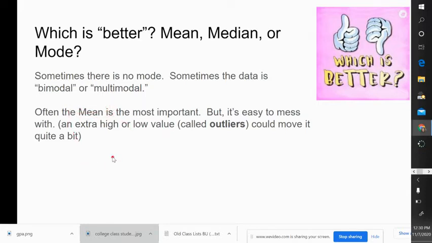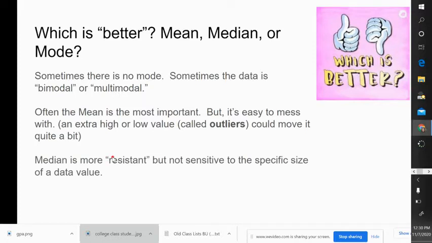So sometimes that's not your best bet. Median tends to be more resistant to being messed with by an outlier. It's outlier resistant, but it doesn't take into account the specific size of your data value. So sometimes the mode is best, sometimes the mean is best, sometimes the median. So how do you know?